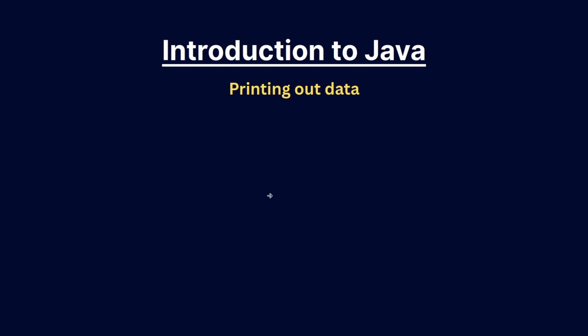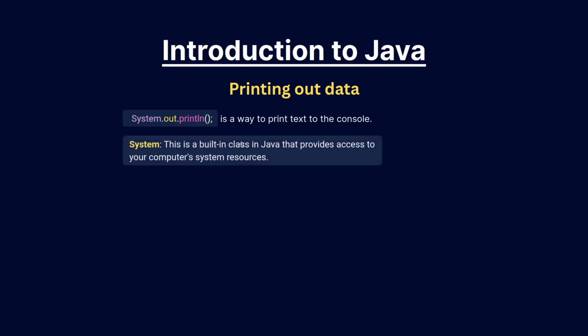Now that you've seen the structure of a simple Java program, how do you print out data to the console? You use this block of code. So you start with System.out.println, which can be used to print text on the console. Here we have the System part, which is a built-in class in Java.